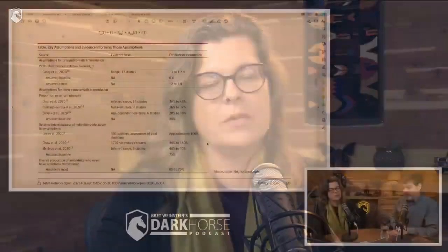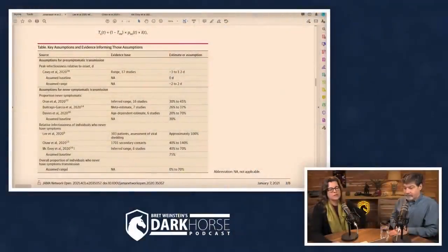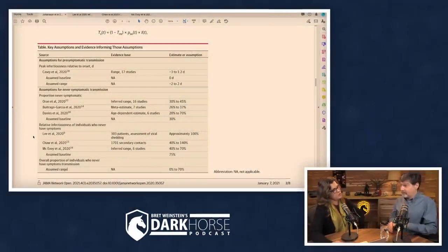And if you could just show my screen one more time, Zach. Once again, we have these three papers that the new Johansson paper is basing their numbers on. Lee et al., which was from South Korea, which actually has, in my finding, no evidence at all for transmissibility, and Johansson says approximately 100%.